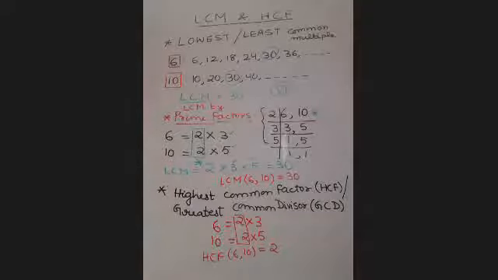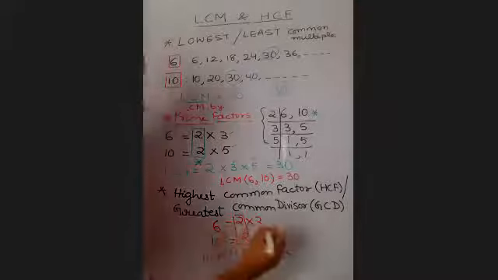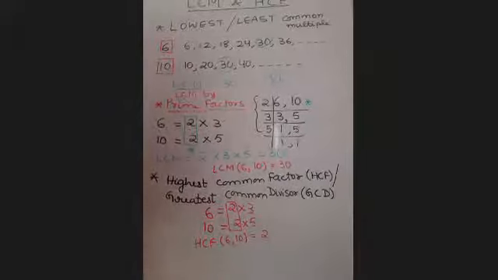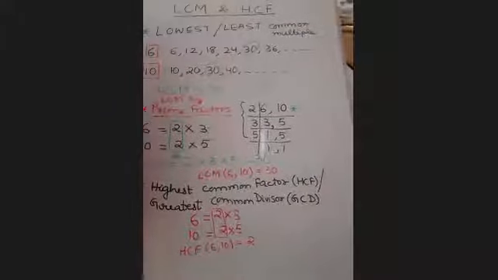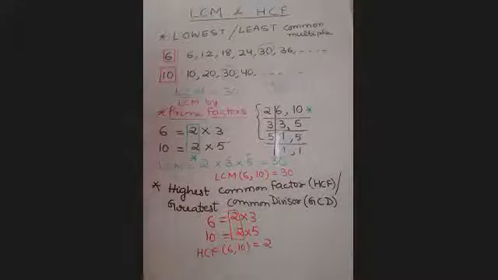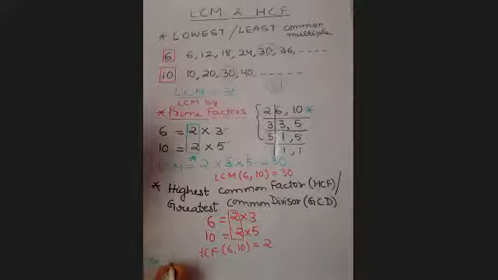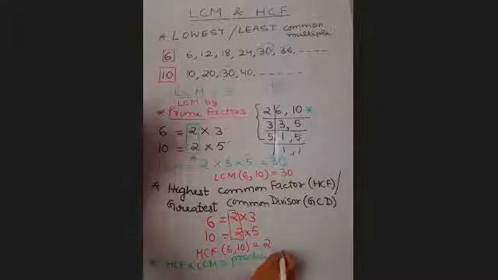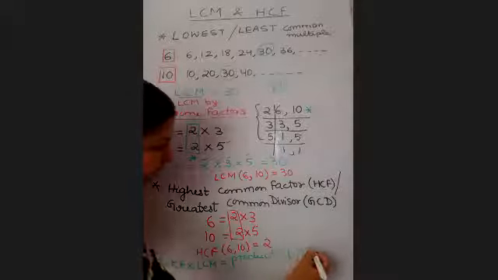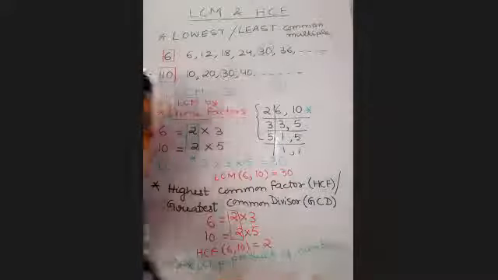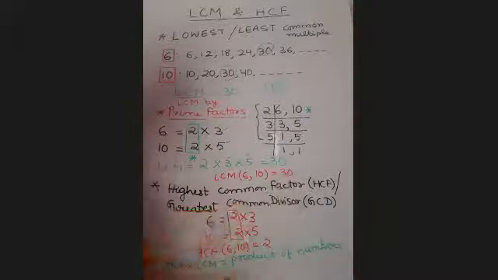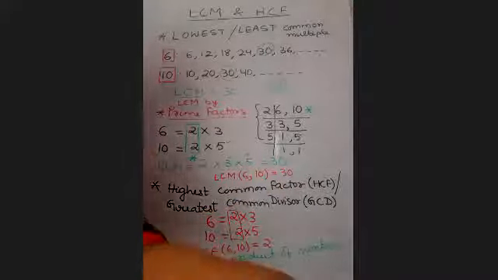So there is an important result, and that result says HCF into LCM is equal to product of numbers. HCF into LCM is equal to product of numbers. We can see 2 into 30 is 60. 6 into 10 is also 60.